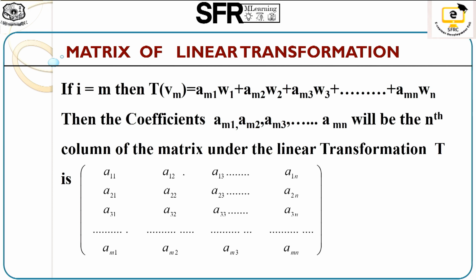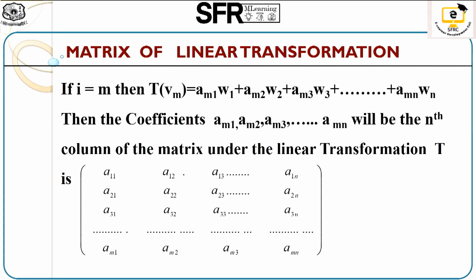Put i equal to m in that transformation, T of Vm can be written as am1 w1 plus am2 w2 plus am3 w3 plus etc., amn wn. Here the coefficients am1, am2, am3, etc., amn will be the nth column of the matrix.